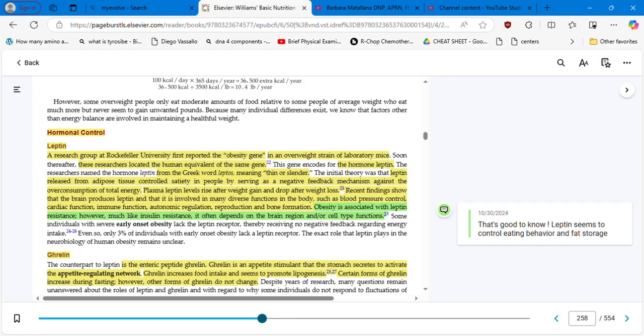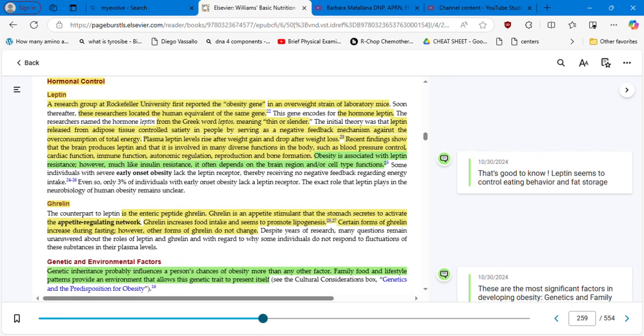Leptin release from adipose tissues controls satiety in people by serving as a negative feedback mechanism against the overconsumption of total energy. Plasma leptin, when I say plasma, I'm talking about the blood, in the circulation.